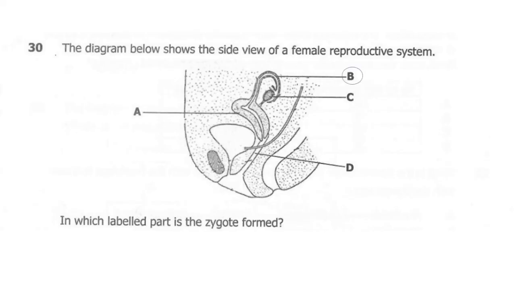The correct answer here is B. The zygote will be formed in the oviducts because that is where fertilization takes place. So when fertilization occurs, the ovum will be fertilized by the sperm cell to form a zygote. So that is our correct answer, B.